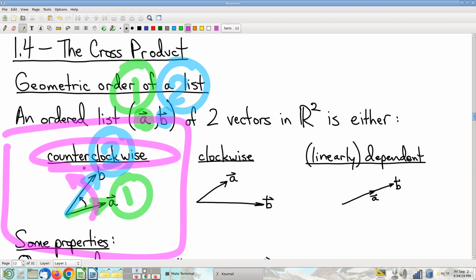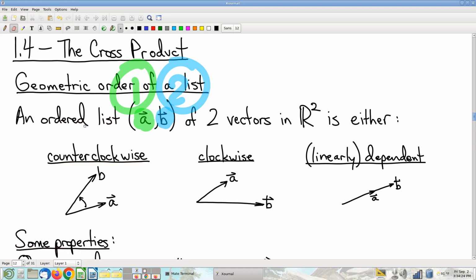Okay. Now here's the thing. There are other vectors, right? I'm not saying that the vector A shall always be pointing that way. A might be pointing that way at some point, and maybe B is pointing this way.